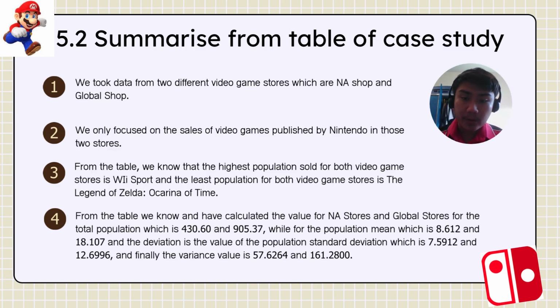First is the total population, which is 430.60 for NA store and 905.37 for global store, while the population mean is 8.12 for NA store and 18.107 for global store.